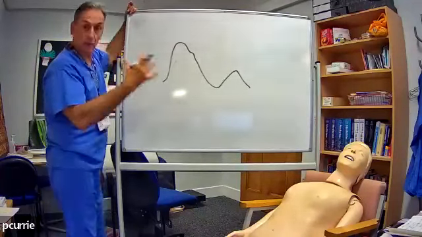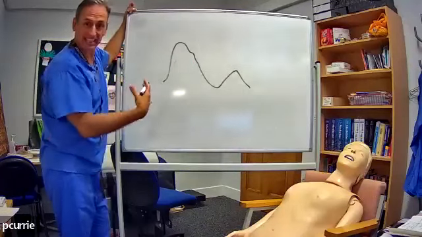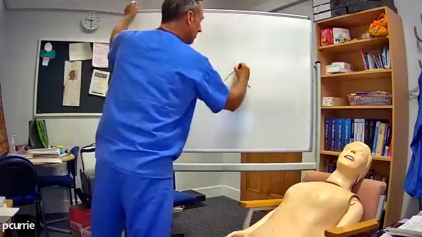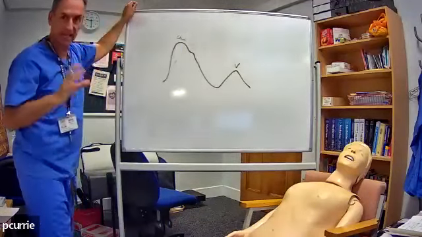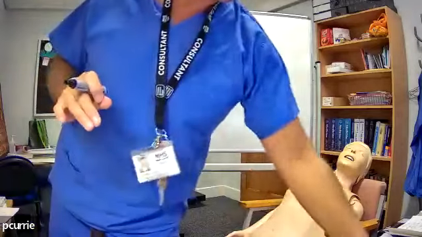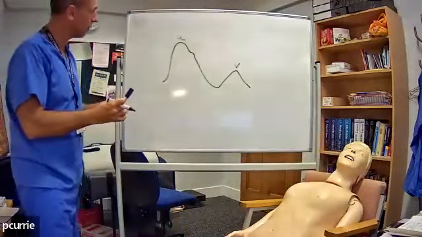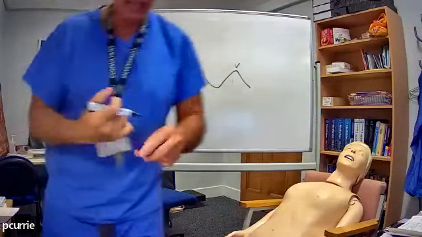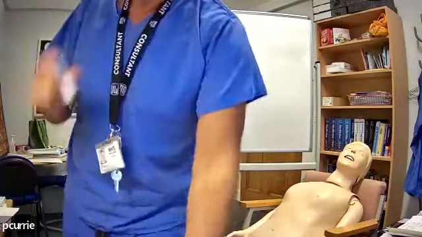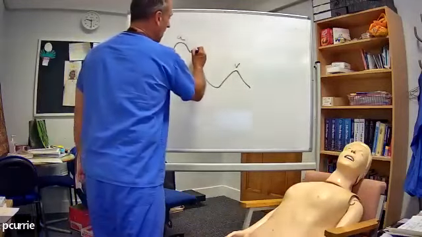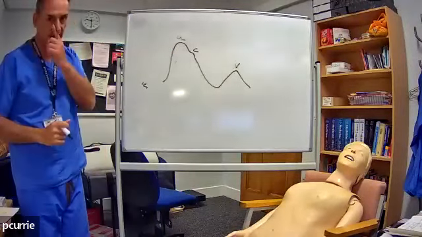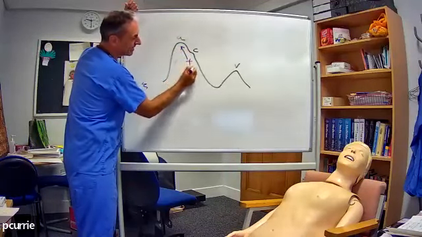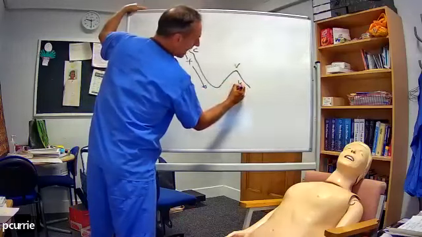And we describe some letters associated with this. We call this the A wave, and we call this the B wave. And that's unfortunate because I think that causes an awful lot of confusion in people. As well as the A wave and the B wave, which are important letters, we also have a C wave, and we have an X descent and a Y descent.